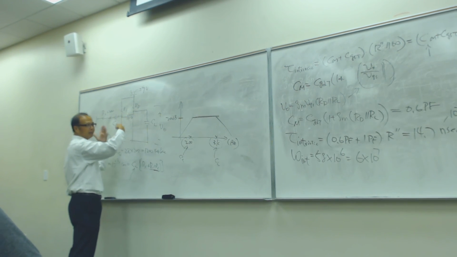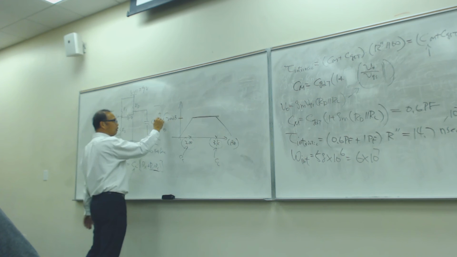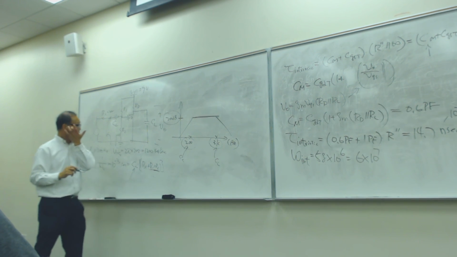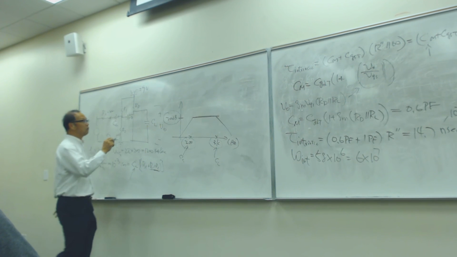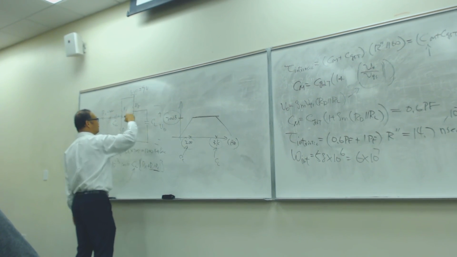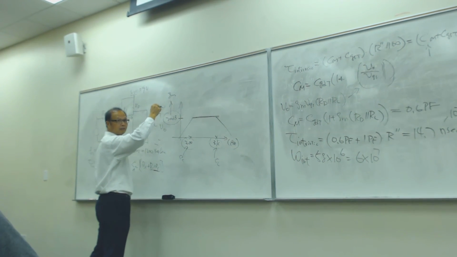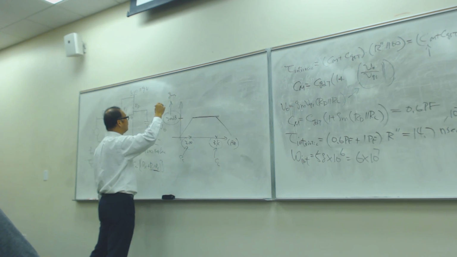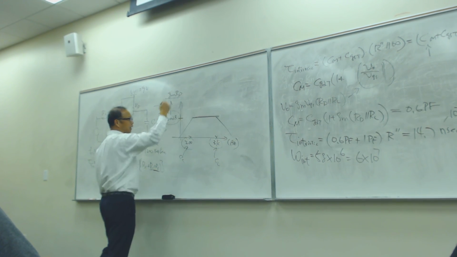But this also can give you something. What does it give you? Assuming you can find g_m, then g_m times R_D. Yeah, that's the one. So anyway, there are too many unknowns.